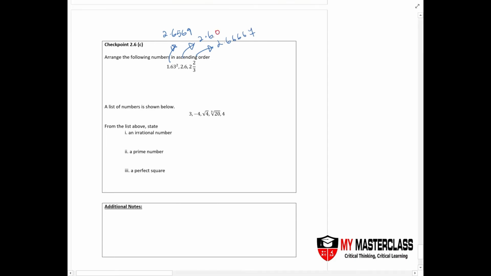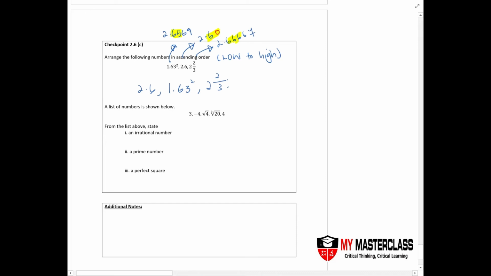So can you see what we are comparing now? This is the tricky part. You're comparing 2.65, you're comparing 2.60, and you're comparing 2.66. That is the tricky part, because they're putting the numbers really similar. Ascending, again, means low to high. So when you express your answer, it will be 2.6, then 1.63 squared, then 2 over 3.